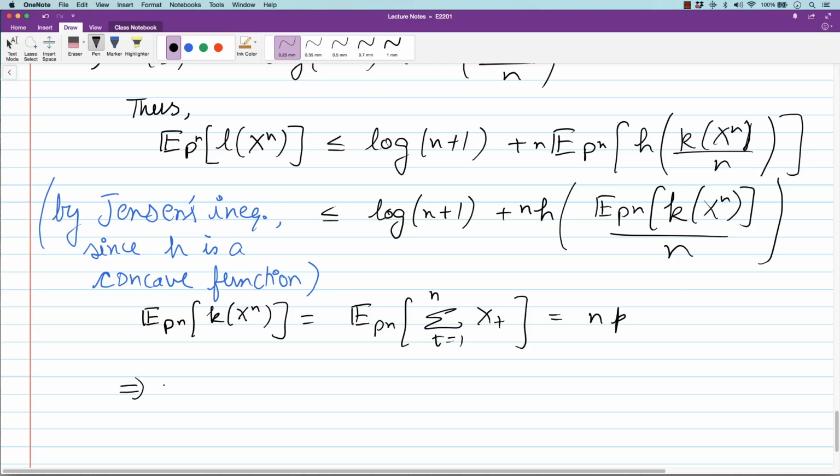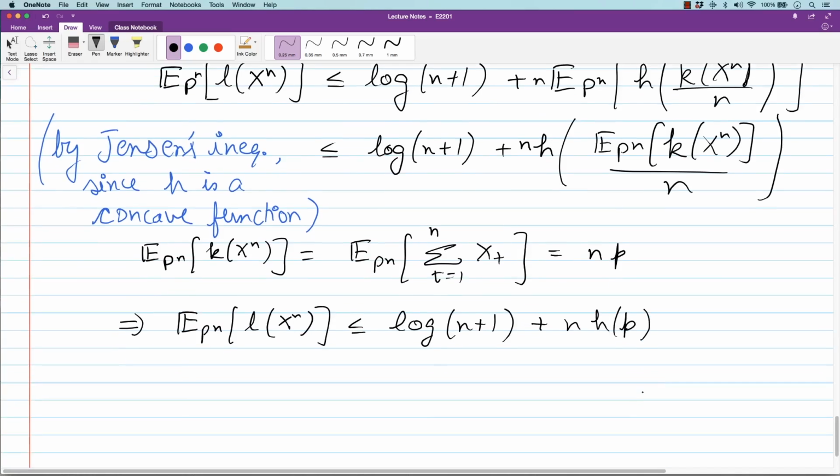So this implies that the bound that we have shown is easy to write. This is less than log (n plus 1) plus n times the entropy of p, our distribution. By the way, we are writing it for a binary distribution, so this is the same as h of p.